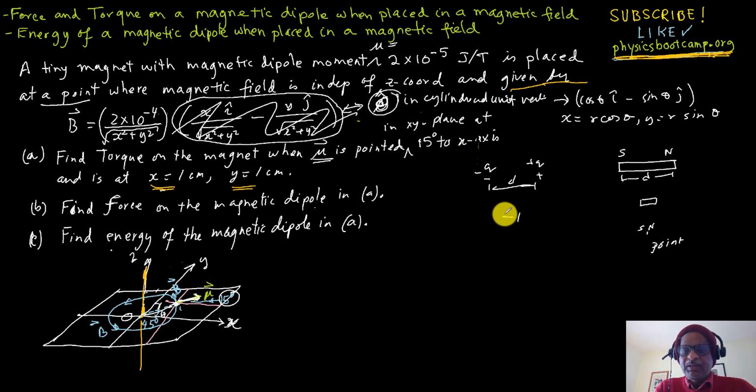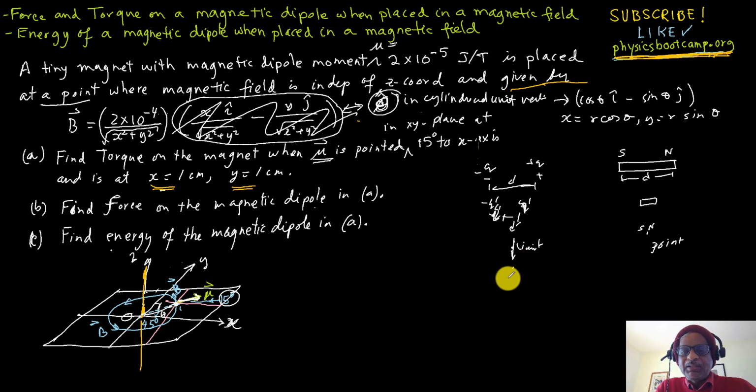Then you keep separating, increasing the charges and reducing the distance. So minus q prime, plus q prime, distance d prime. Eventually you can place minus and plus right on top of each other, but we're not doing that. It is just the limit to a point.